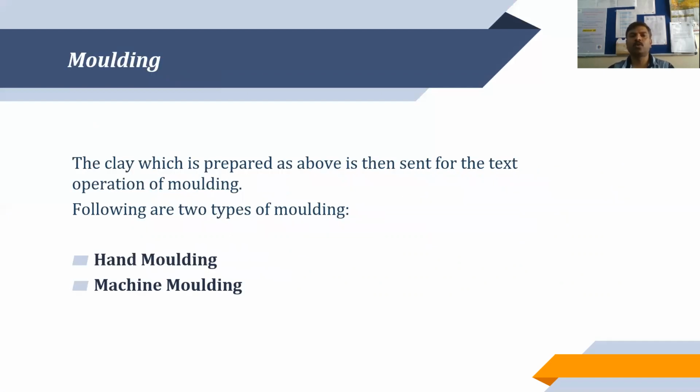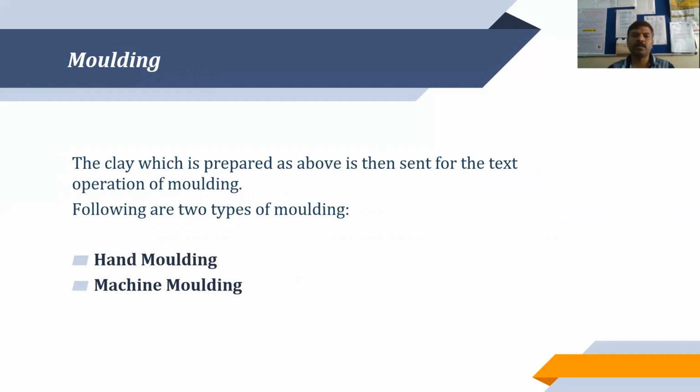The next process is the molding of the clay. The molding involves two types: hand molding and machine molding. In the previous time, in the villages, you can see on the brick field, hand molding was in practice. The person takes the mold made of metal or wood.